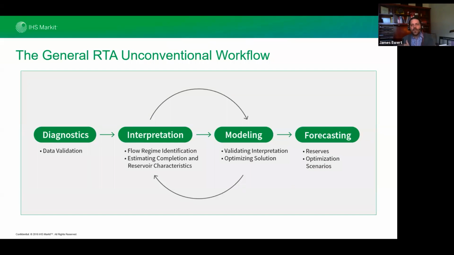The first step for any well you would ever analyze in rate transient analysis is data diagnostics. This is where you're going to look at your data and try to understand whether you trust it or not. And most likely there's going to be parts that you trust and parts that look really weird, or there's something going on, or there's data missing, or sometimes there's flat lines in the data sets.